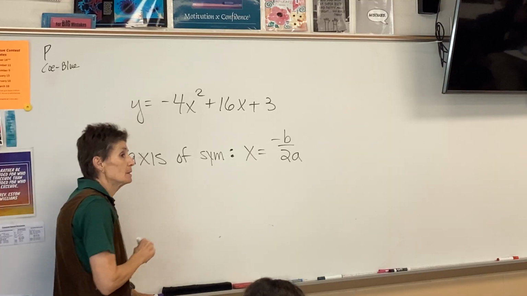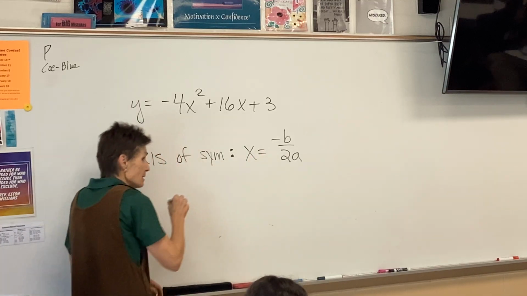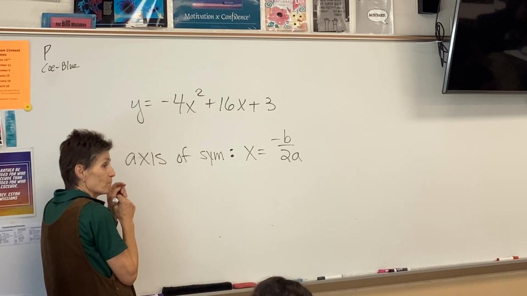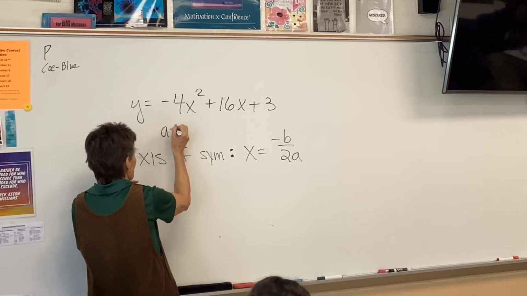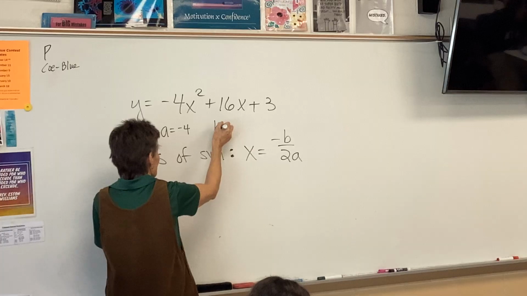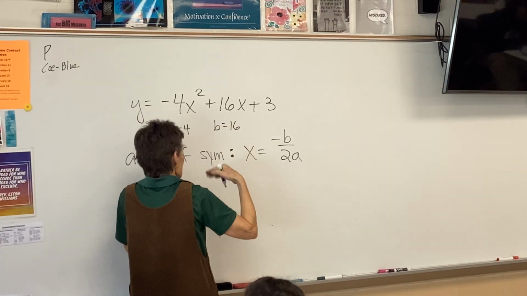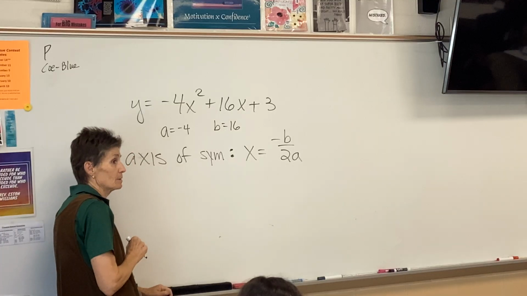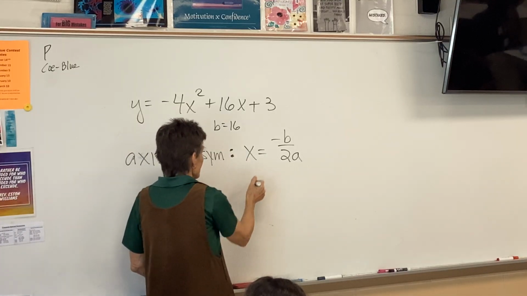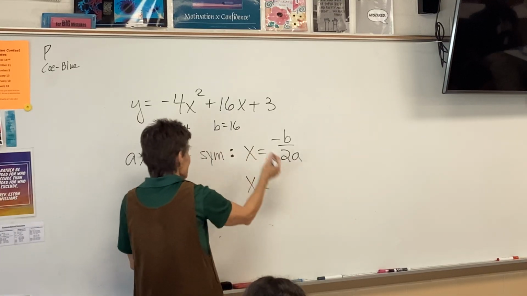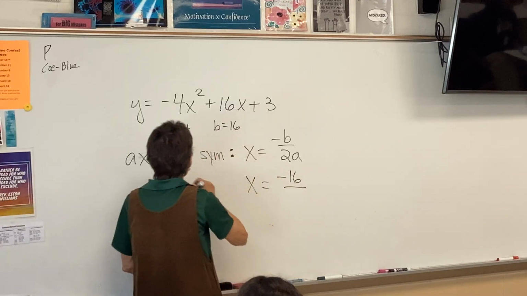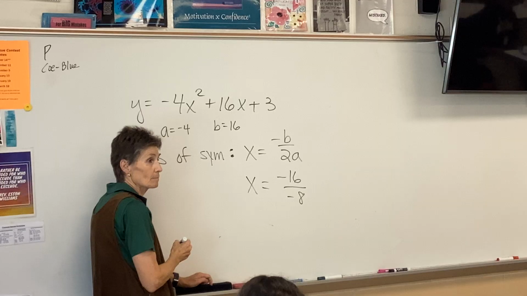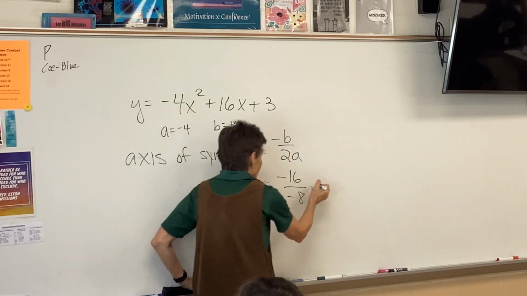Now, the a and the b are the same a and b that you would use if you were doing the quadratic formula. So a is negative 4, b is 16, and if I needed it, c would be 3. So my axis of symmetry is negative 16 over negative 8, which is 2.